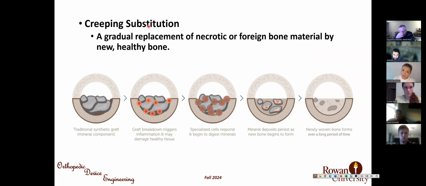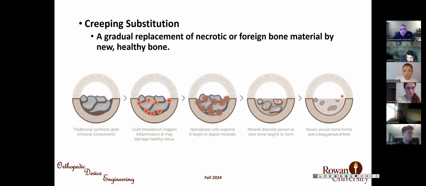If we have a dead bone in the fracture site, or we use bone graft, or we use bone substitution material, a mechanism called creeping substitution must resorb the dead bone or the bone graft and allow the body to replace it with new bone.